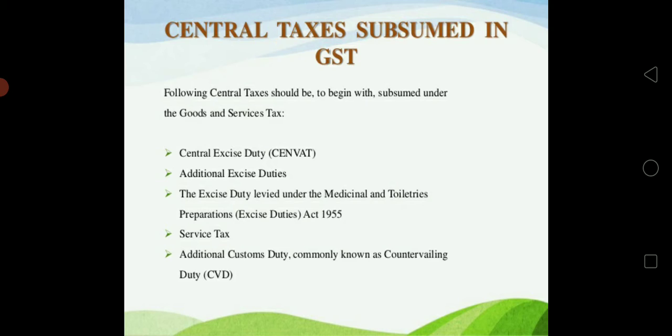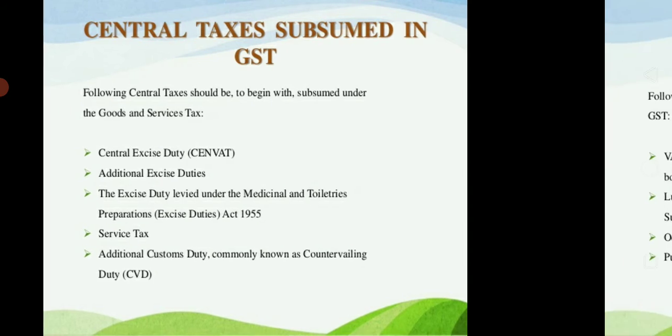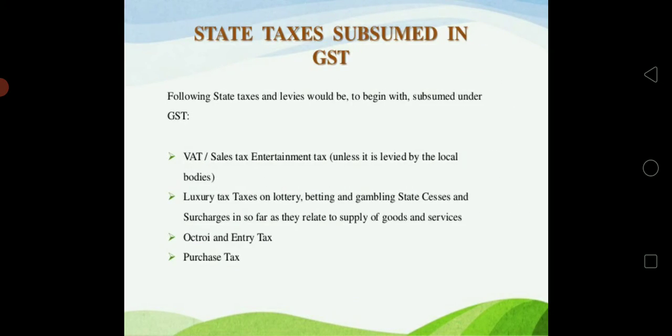And next one, state taxes subsumed in GST. So the following taxes will be subsumed in state GST. Those are VAT or sales tax, and entertainment tax. VAT or value added tax is the tax applicable on addition of value and is collected at different stages of sale.